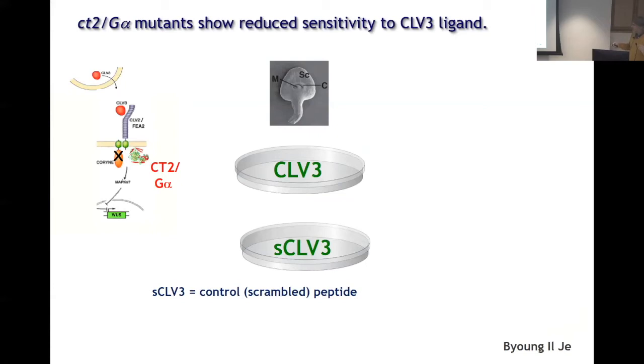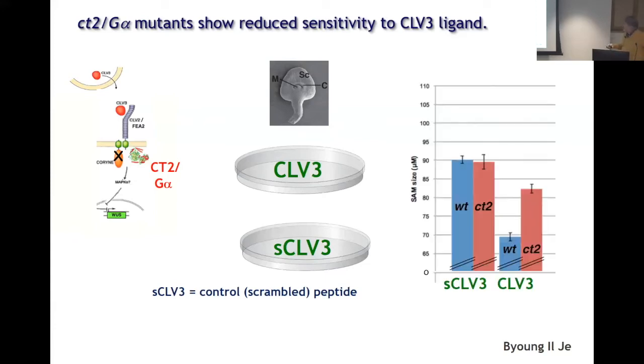So we culture the embryos on media with Clavata 3, or a control with a scrambled peptide. So it's the same sequence, but just the order of the amino acids is scrambled, so it shouldn't have any effect. And when we do that, we find that with the scrambled peptide, we don't see any difference between the mutant and the wild type.